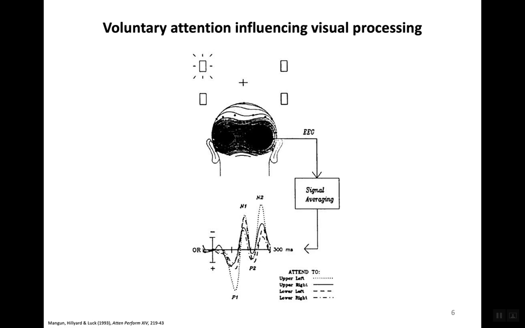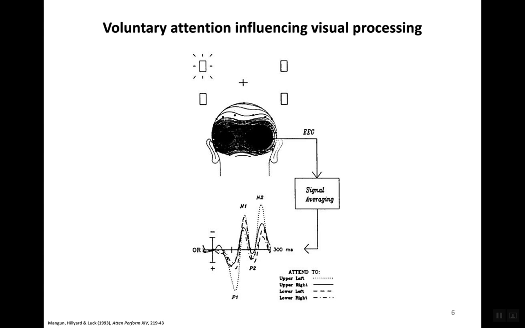So then, using a procedure, or rather reasoning, that should remind you of the subtraction technique, what you can do is verify the difference in the structure of the ERP waveform as a result of whether the participant is paying attention to that flickering stimulus or not. And what you see is that the amplitude of these ERP components changes quite a bit if the participant is paying attention to them.